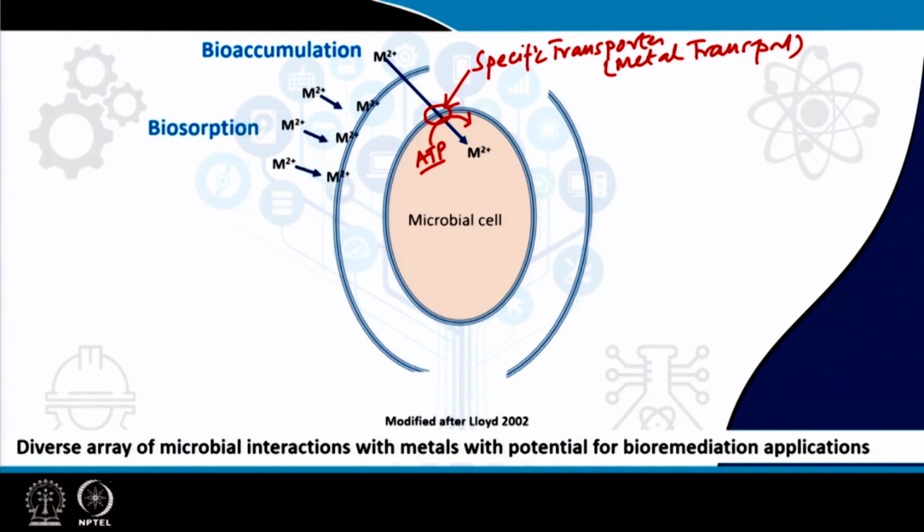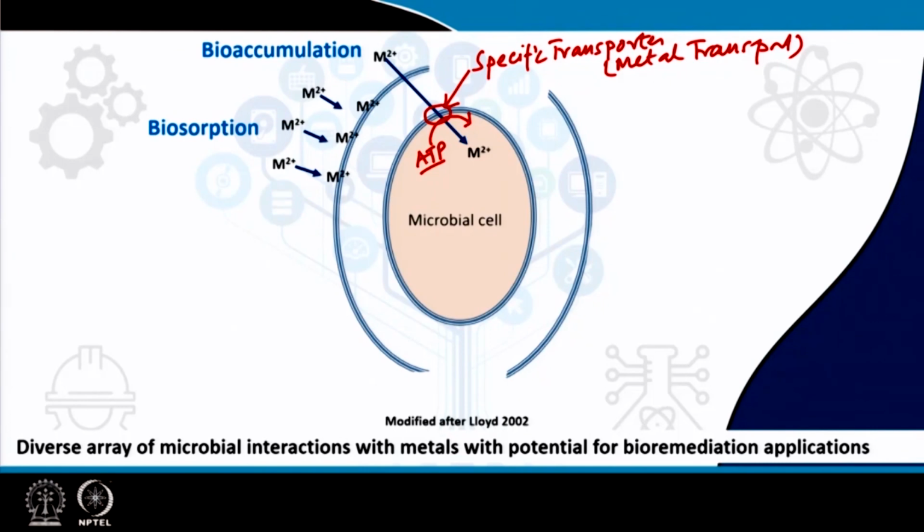Now, the second one is biosorption, which is basically the adsorption and absorption of divalent cations mostly on the cell surface, and this is a metabolism independent process. So, no energy is involved in this. This is almost executed for all the divalent cations and almost all microbial cells, gram negative, gram positive, fungal cells, algal cells.